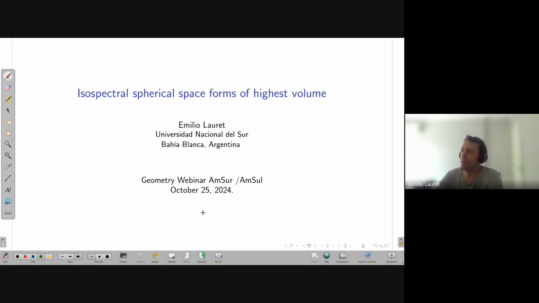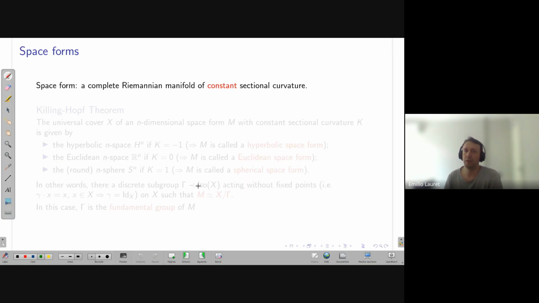Okay, let me start with something quite simple in some sense. A space form, let's recall the definition, is a complete Riemannian manifold of constant sectional curvature. Okay, it must be constant.